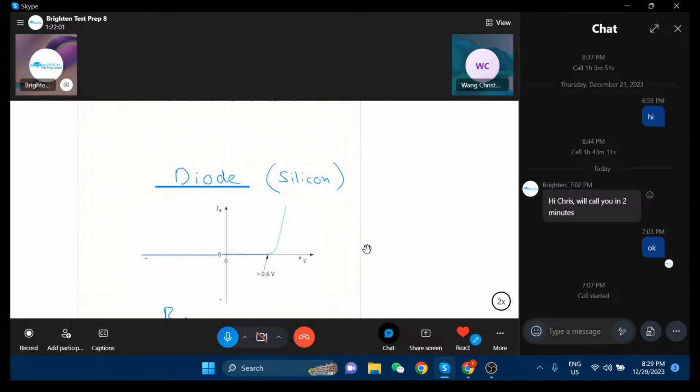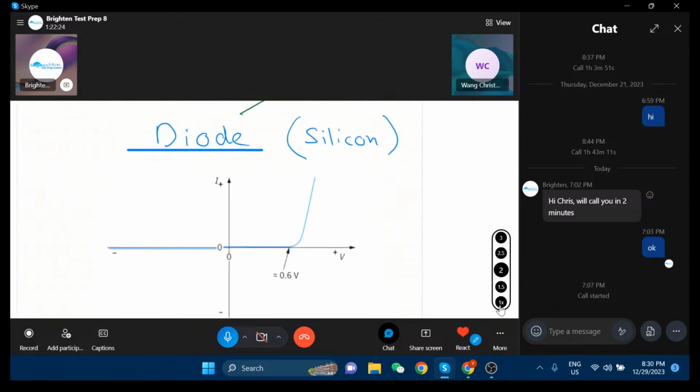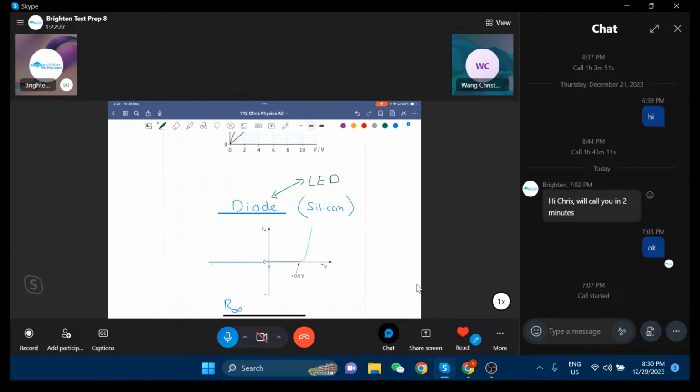Or what is closely associated with diodes? That would be LED. Oh yeah, because the D stands for diode, right? The light emitting diode. So it's actually a diode, which passes electricity, but then transforms it into a wave.